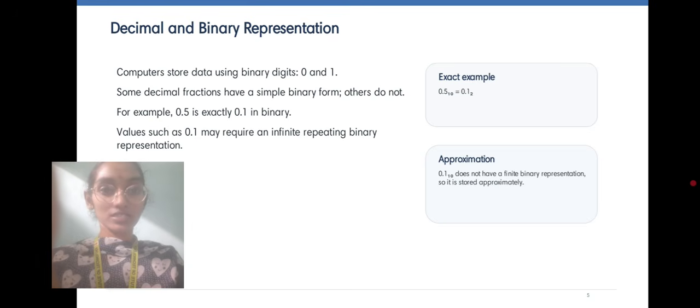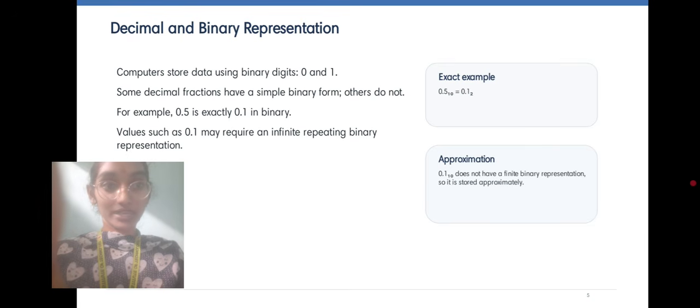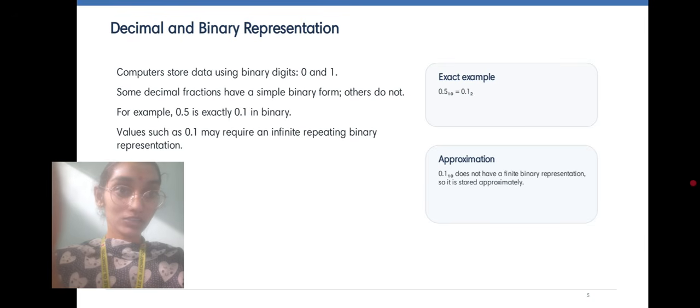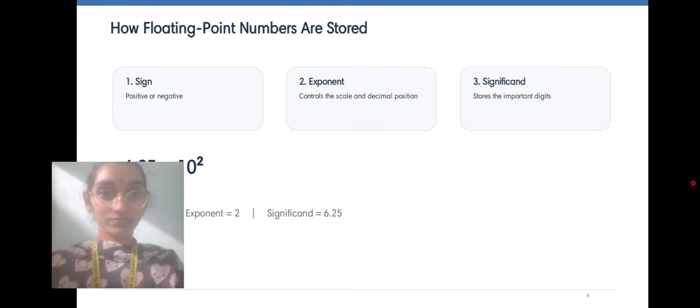Values such as 0.1 may require an infinite repeating binary representation. Exact example, 0.5 base 10 equals 0.1 base 2. Approximation, 0.1 base 10 does not have a finite binary representation, so it is stored approximately.